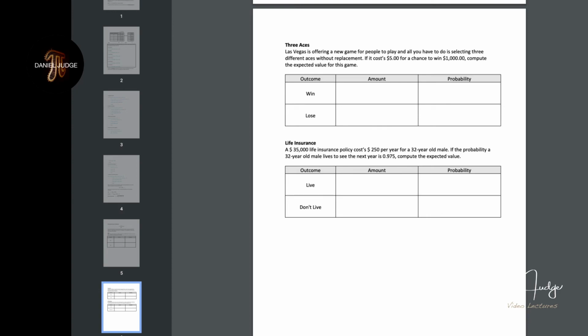They're saying Las Vegas is offering a new game for people to play, and all you have to do is select 3 different aces. It costs $5 for a chance to win $1,000. So it costs $5 for you to win 1,000. Compute the expected value. Costs 5 to win 1,000.